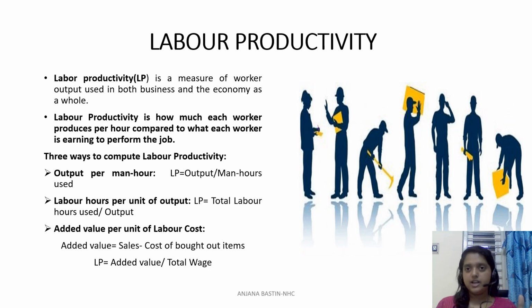You take this value divided by the total wage of all the workers. We calculate labor productivity as added value per unit of labor cost. So for 1 unit of labor cost, how much value is added by that worker? That is being calculated. I hope it is clear.